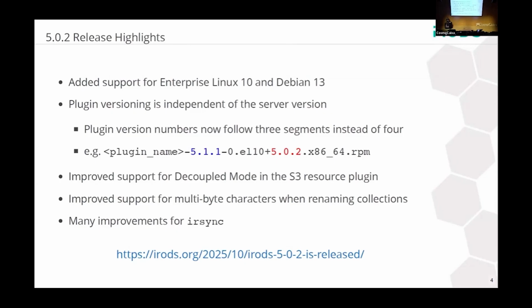And then, of course, there are also some enhancements around the iCommands. In particular, we want to highlight irsync because that was one that had not seen attention for quite some time. If you want to know all the details of the release, we've included links at the bottom of the slide so that you can click on them and see the release notes and learn more.